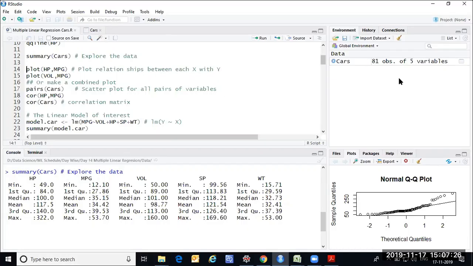But other than that, just by looking at the basic stats information from each of the variables, we can also understand what is the scale of the values. Because we are considering all these 4 independent variables together to predict the output variable MPG.